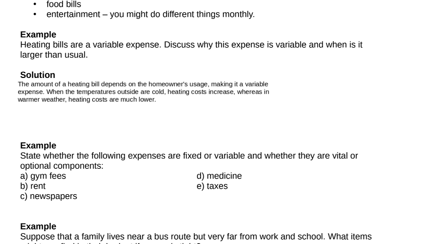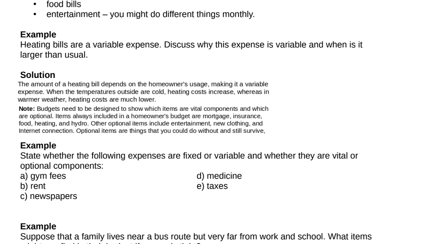Now, when the temperatures outside are cold, heating costs increase, whereas in warmer weather, the heating costs decrease and become much lower. Now, the last thing I need you to understand is that budgets need to be designed to show which items are vital, okay, and which are optional.